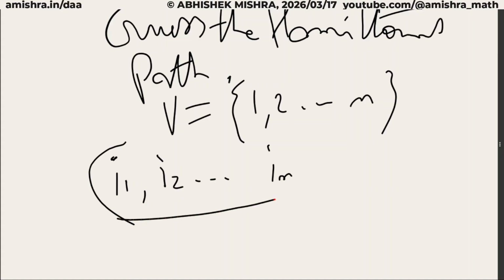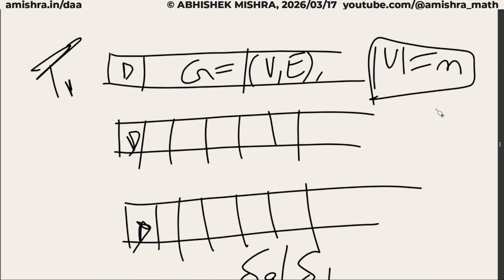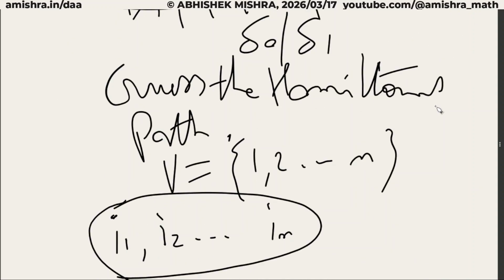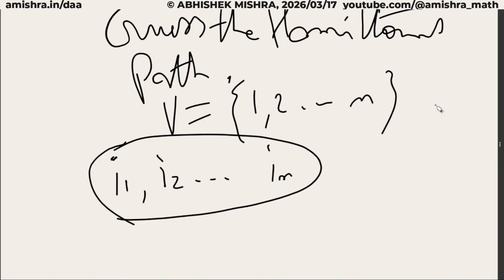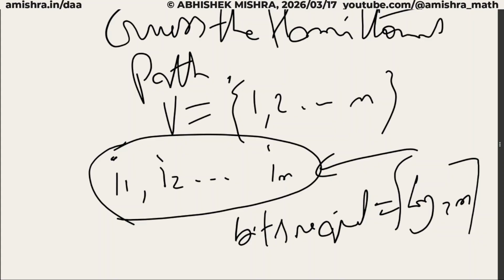We can make blocks of cells. For guessing an integer up to n, the number of bits required is log n. Take log of n with base 2 and take its ceiling. So the number of bits required to guess a single integer is the ceiling of log base 2 of n.